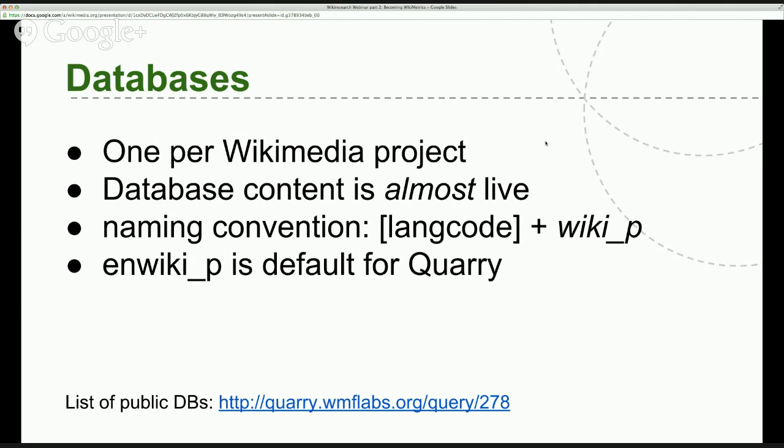But the convention for it is generally the language code of the wiki plus the word wiki or Wikisource, Wiktionary, and then _p to denote that this is the public version, which means it doesn't contain information like the email addresses of registered users. Stuff like that isn't available publicly. And this query at the bottom of my slides, if you run that query in Quarry, you will see a list of these different names.